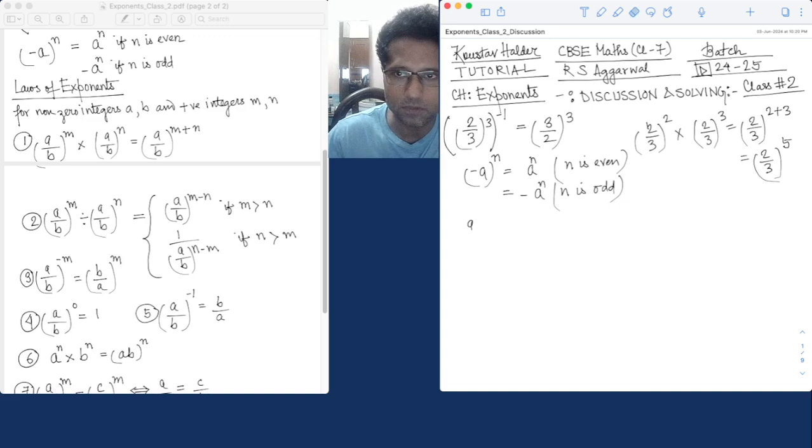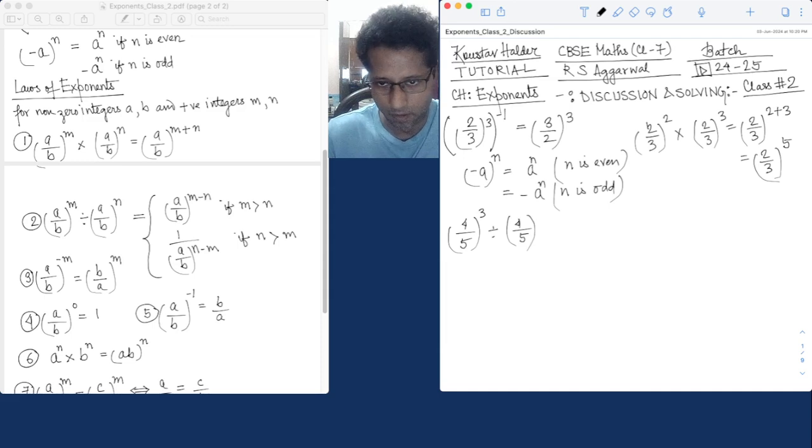So for example, if we have 4 by 5 raised to the power 3 divided by the same base 4 by 5 raised to the power 2, this is a division of two exponents. In this case, m is 3 and n is 2, so m is greater than n.